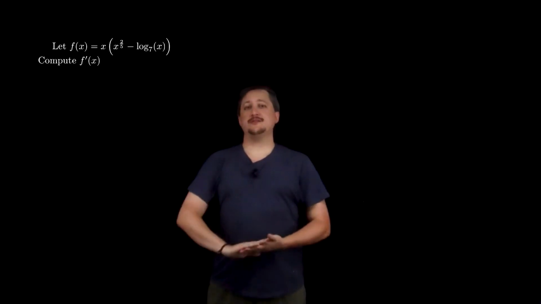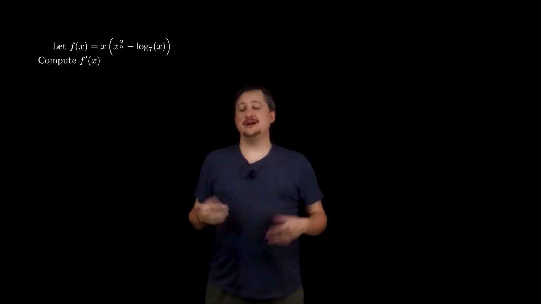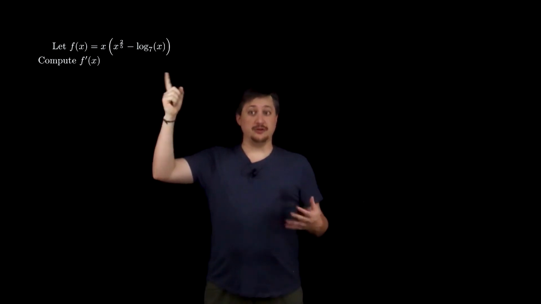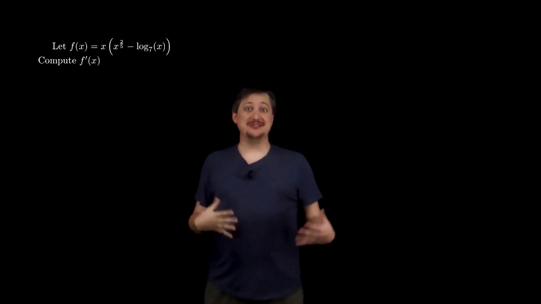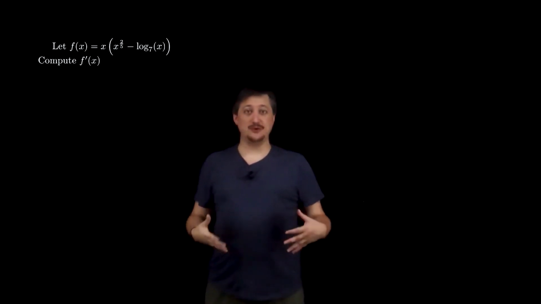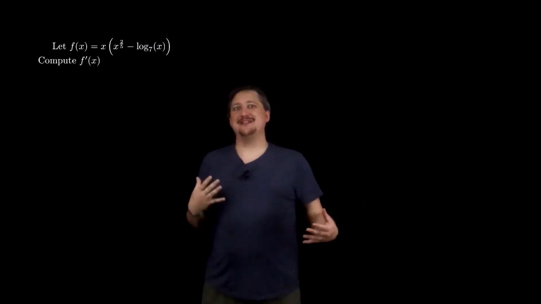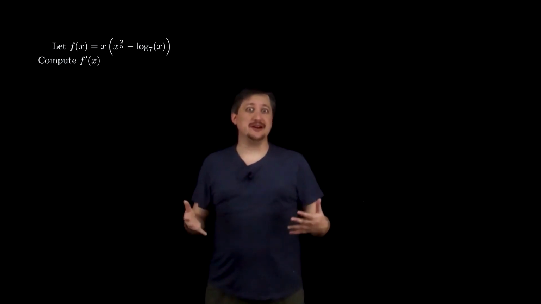Hello. So in this problem, we want to use the product rule to take the derivative of f. Now, to be clear, this problem has a log in it, so I'm going to go with the premise that you've already seen the rules for log. If you haven't, then obviously we wouldn't ask this question. Depending on whether you're watching this for the first time or as part of a review, you may or may not have seen it.